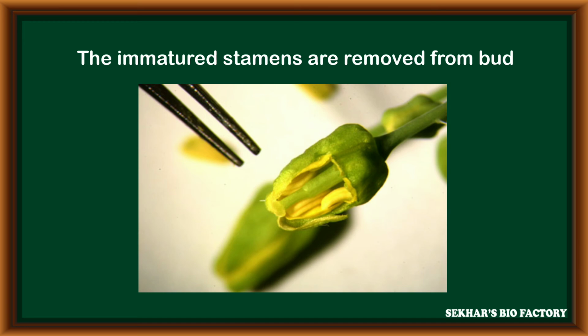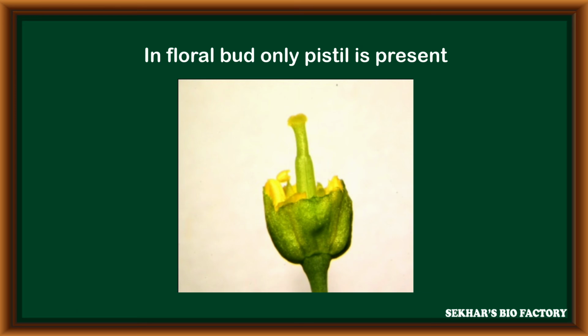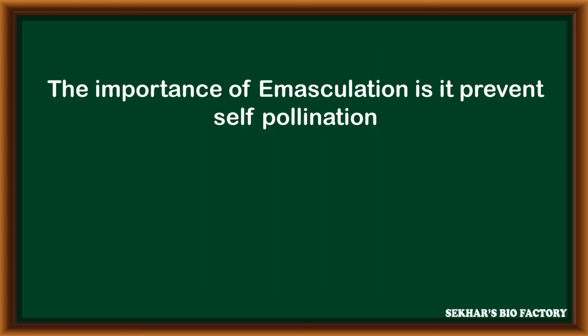After opening the floral bud, the stamens are in immature condition, that means they are not matured at the young stage. In this immature condition, the stamens are removed with the help of forceps from the floral bud. After removing these anthers, only the immature pistil is present in that floral bud. That is called emasculation. The main importance of emasculation is that it prevents self-pollination.